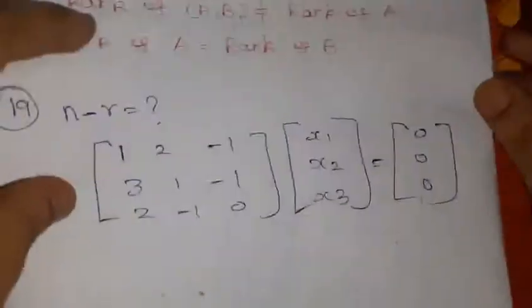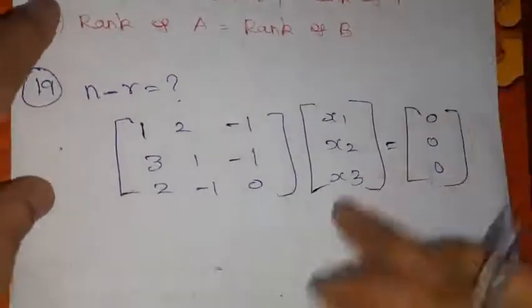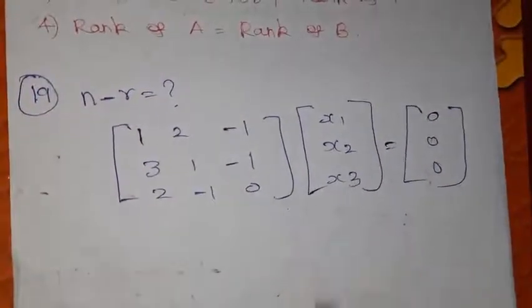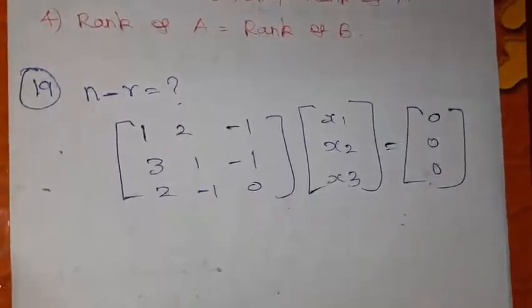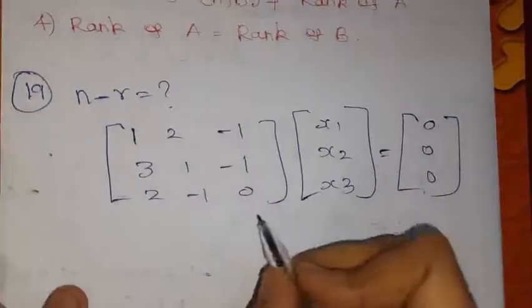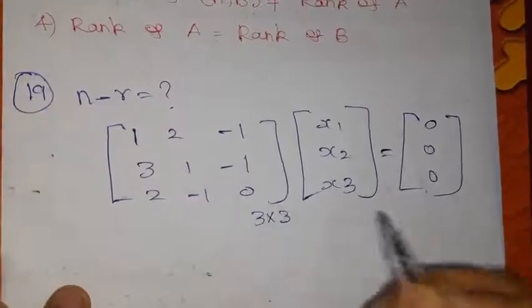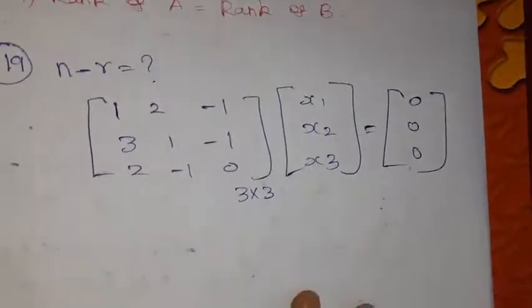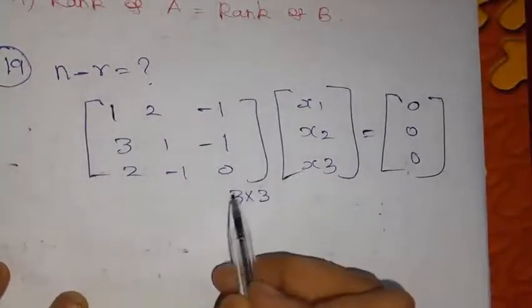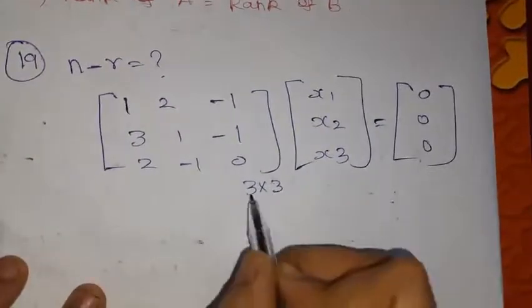We just changed that equation form into the matrix form. So n minus r. We should know the order of the matrix. Order of the matrix is m cross n.